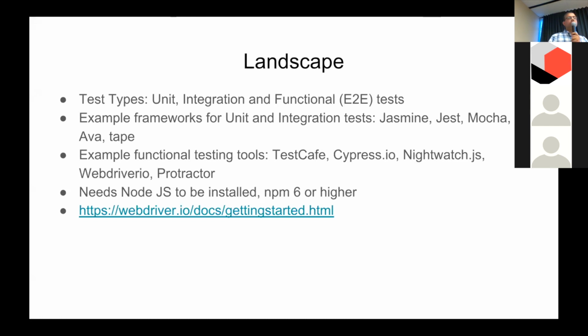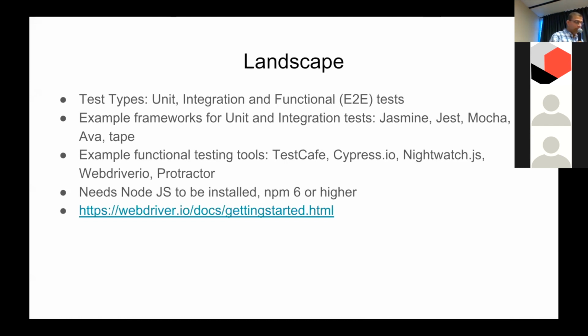So WebdriverIO and Nightwatch are custom implementations of the W3C WebDriver JSON wire protocol. So Google put out the WebDriver, and then all these guys come in and do their own implementations of how they want to take the framework to the next level. And it's a JavaScript framework.